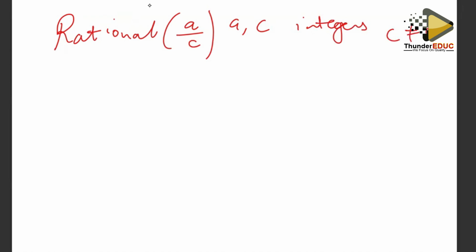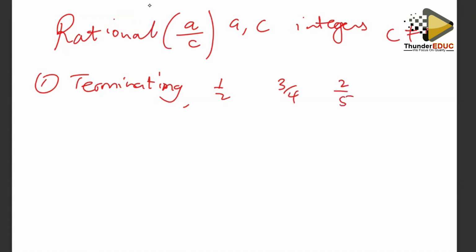So we said we look at different types, which would be 1, the terminating rational numbers or terminating fractions. We say these common fractions of, let's say, 1 over 2, 3 over 4, 2 over 5, these ones that we can easily get the answers and come to an end. These are referred to as terminating fractions, because now this is 0,5, this is 0,75, and so on and so forth. So that becomes terminating, okay?